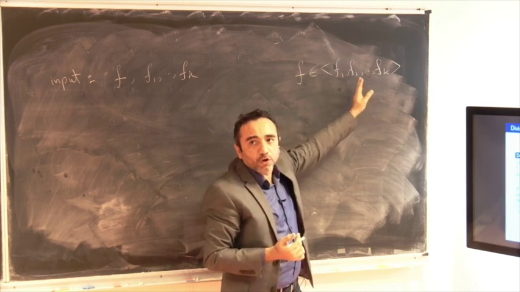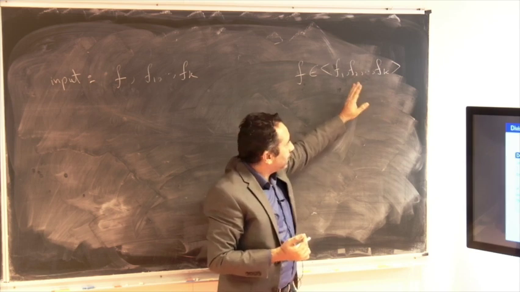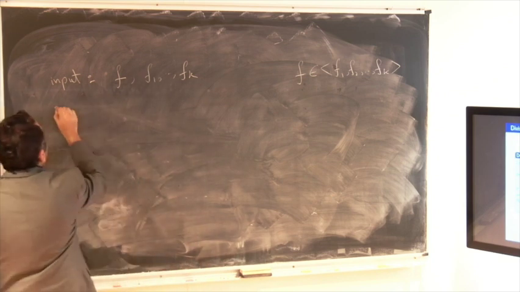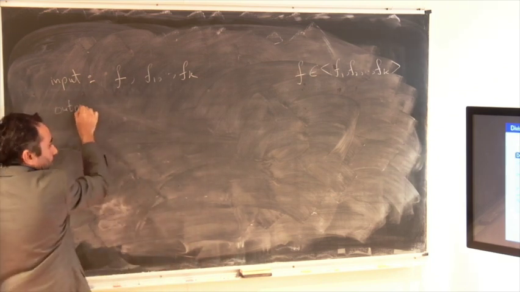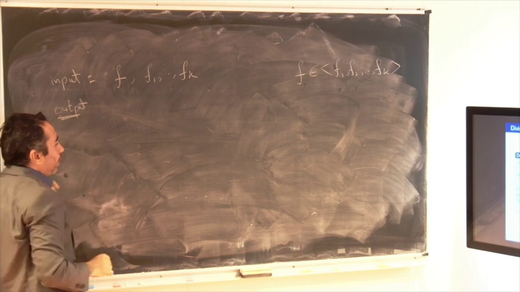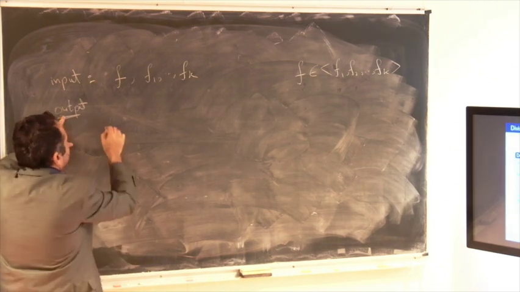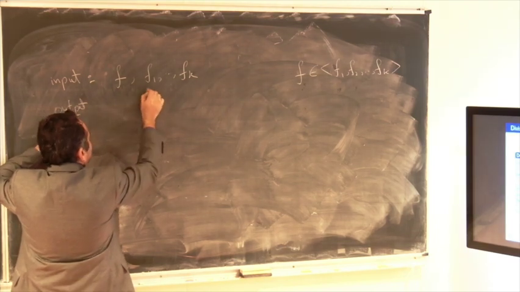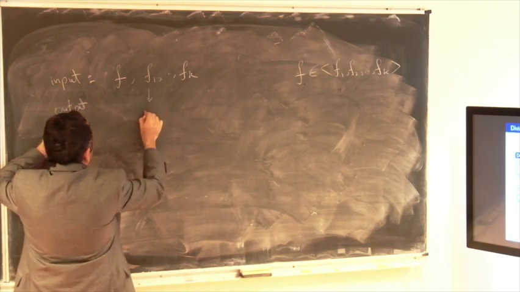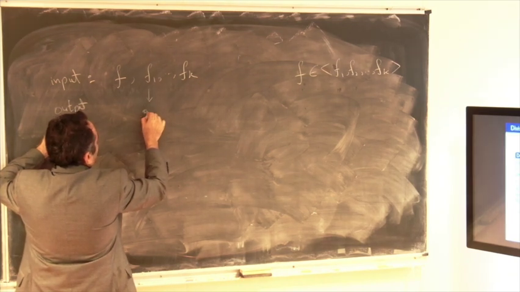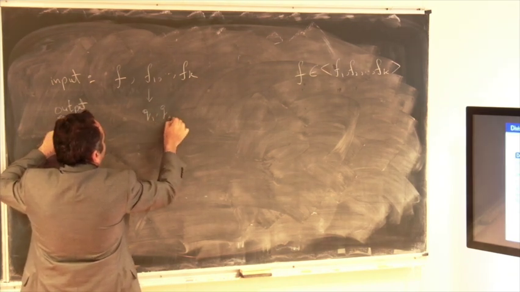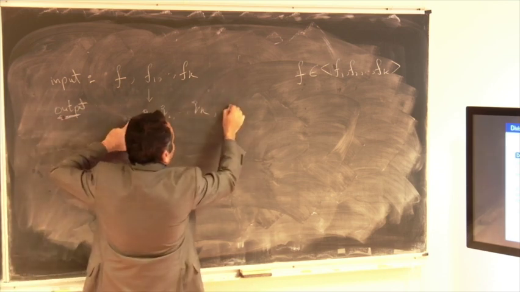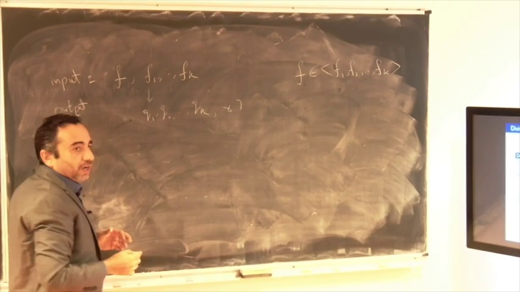That means we need a set of quotients, and also we want to have a remainder. So the output should be the quotients against each polynomial, which we can call q1, q2, and so on up to qk, and we need our remainder. Okay, this should be our output.